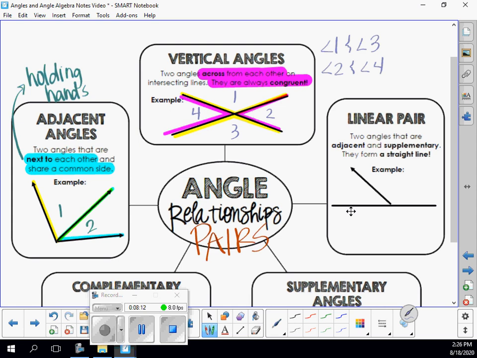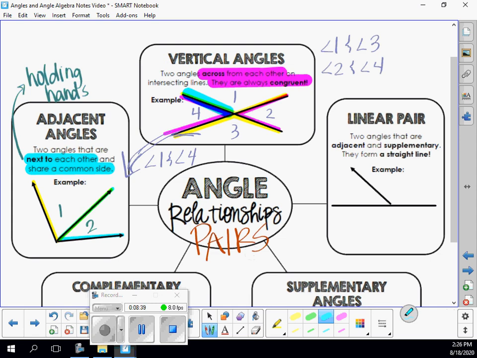Now, if I wanted to use this picture for adjacent, well, 1 and 4 could be considered adjacent because they are sharing this bar right here. And you can pull out a lot from that example, but across from each other, they're across the way from each other.